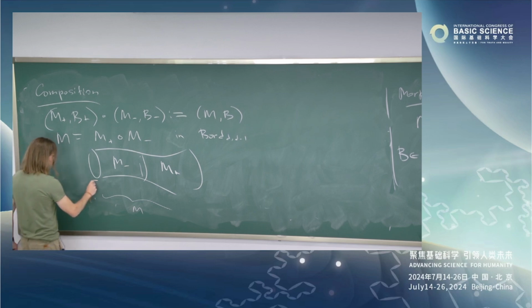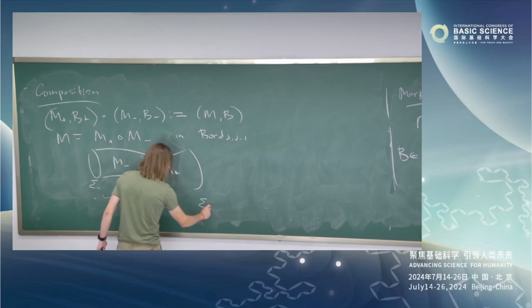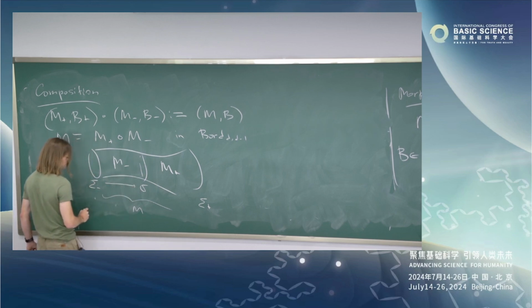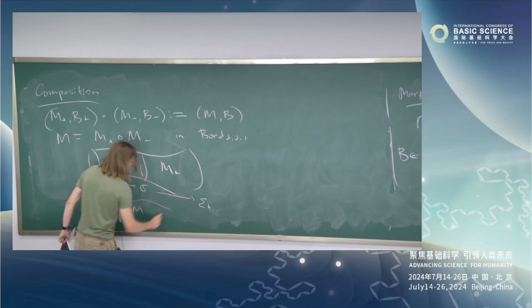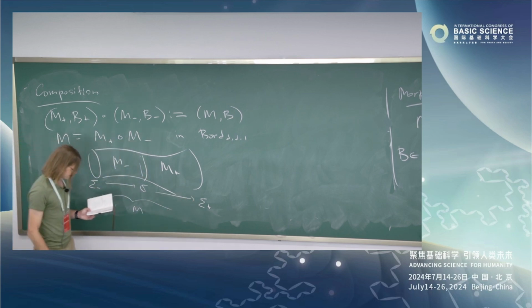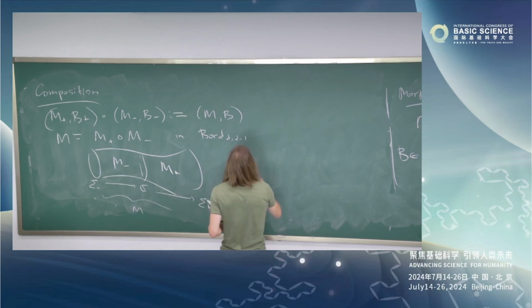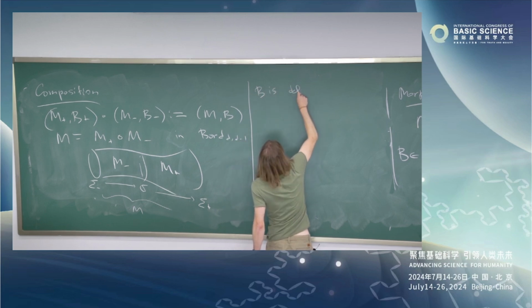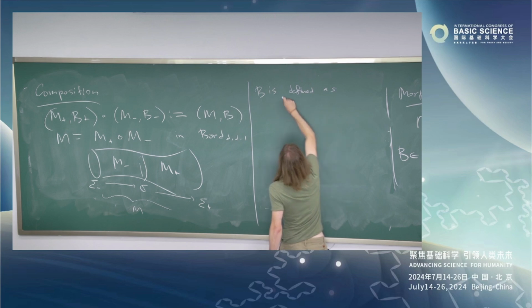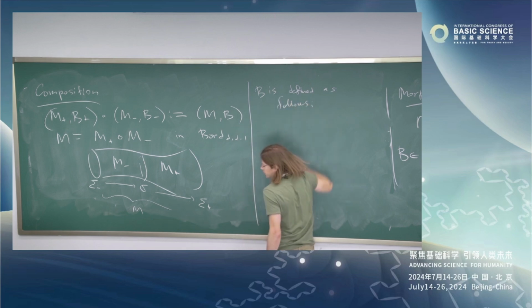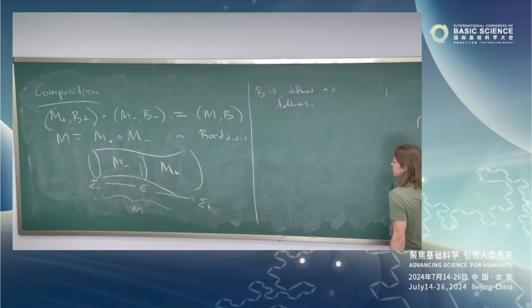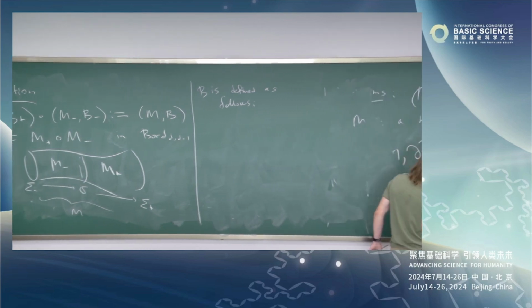Let me choose this boundary to be sigma minus, this boundary sigma plus, and this intermediate one a small sigma. So a minus can be understood as a bordism from this to this, plus this. Here we compose these arrows, and now we need to define B. To do this, one needs to perform some relatively simple exact sequence gymnastics.